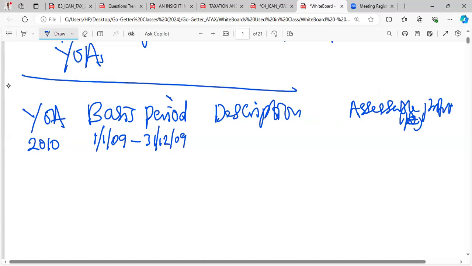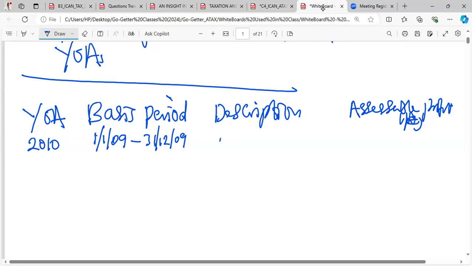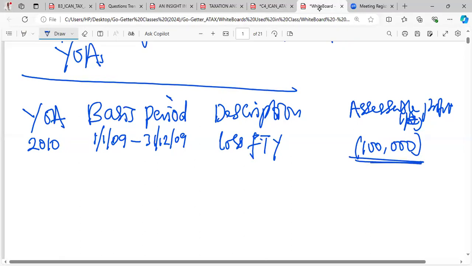So this is assessable loss, or you say loss for the year. Let me say FTY, loss for the year, and I have it as 100,000. So that's the loss for the year.